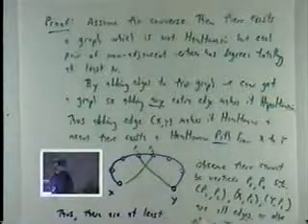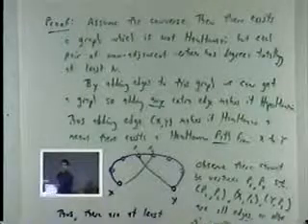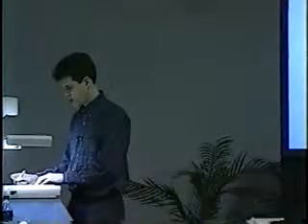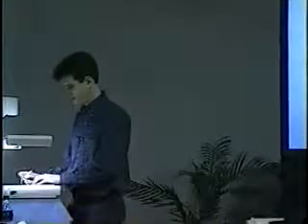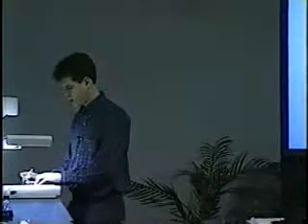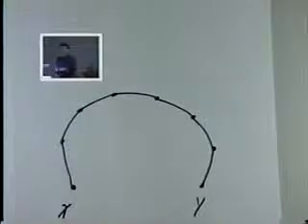So because of this, we know that the graph contains a Hamiltonian path. We know that this graph here contains a Hamiltonian path because this is what's required so that if we add one more edge right here, then the graph becomes a cycle.